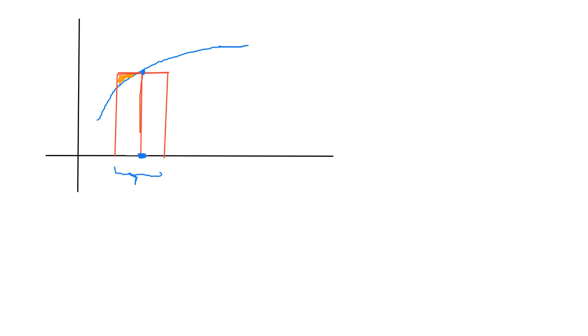Do we want that area? No, we don't want this area, but we're getting it anyway, right? So this is area gained in the approximation.